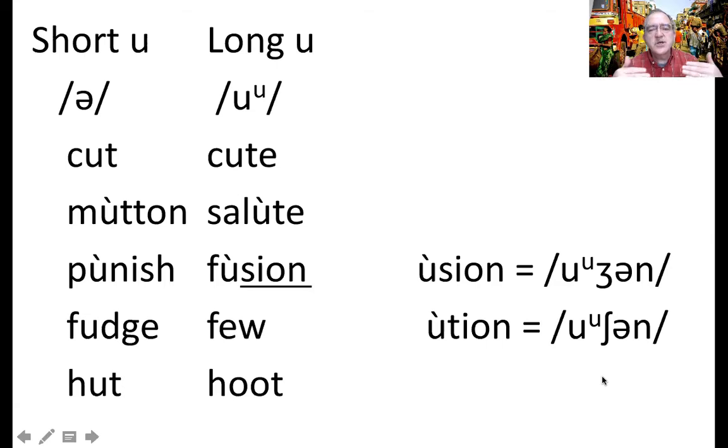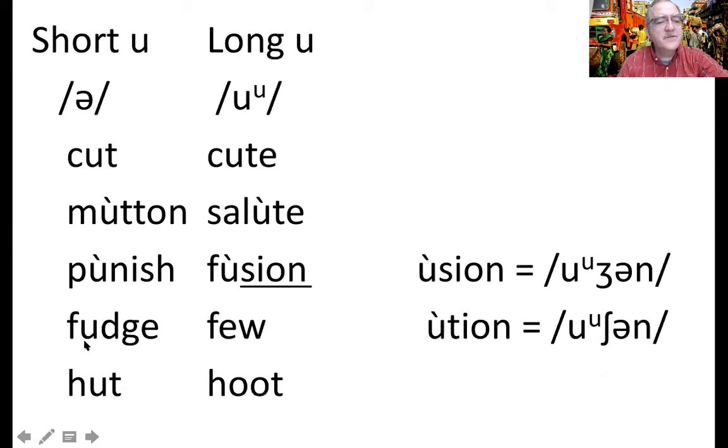Fuse, fusion. And many of you have a habit of saying on, fusion, action, vision, but it's not on, it's vision. Okay, here it is, fusion, solution. Now this one, there's an E here, but I'm sorry, it breaks the rule.